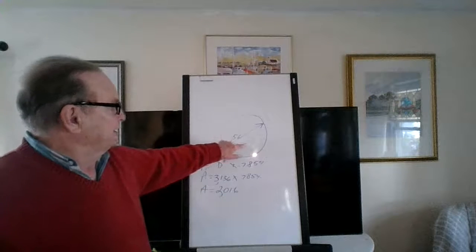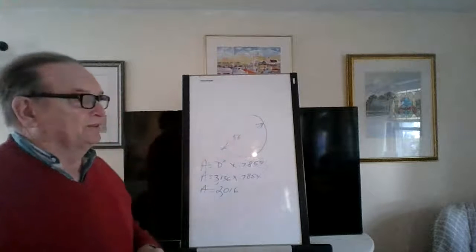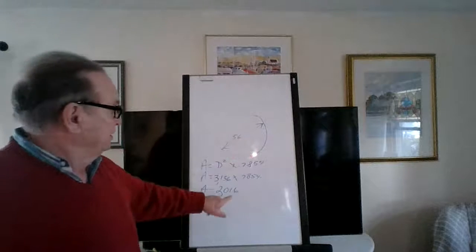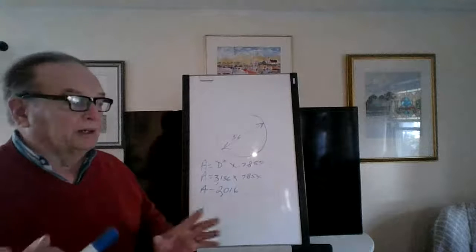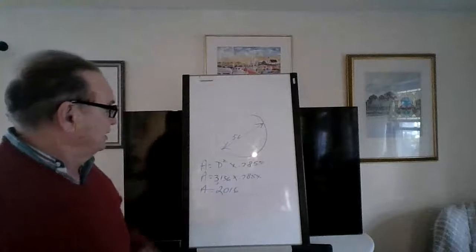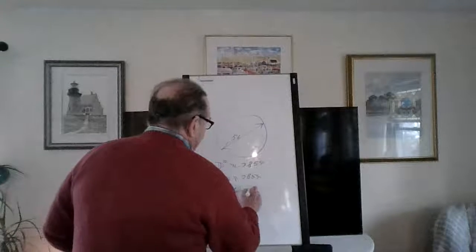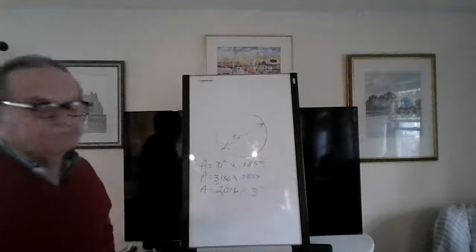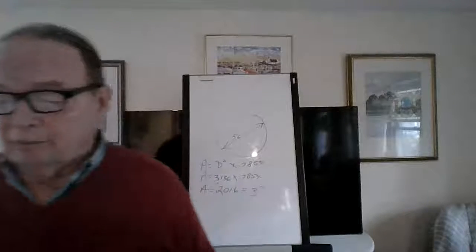something like this that could just flood over the sides, maybe that wouldn't be such a great idea. You probably want to put a couple of drains up here, or at least go oversize on it. But the right answer is 2016, and this would be a 3-inch pipe, right? Which is not what they asked here in the problem.